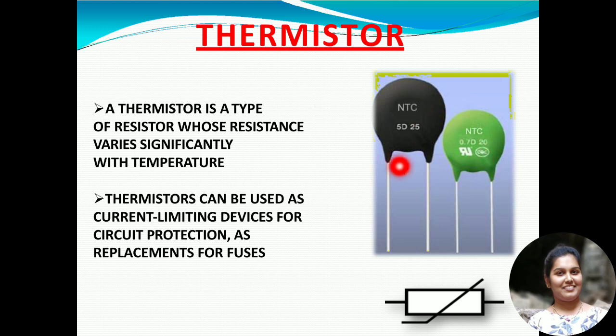Thermistors can be used as current limiting devices for circuit protection as well as replacement of fuses. Coming to the symbol, we see this kind of symbol for thermistors: a rectangular box with a diagonal line, and two connecting terminals connected to the other two edges of the box. This is a variable resistor whose resistance varies with the change in temperature.